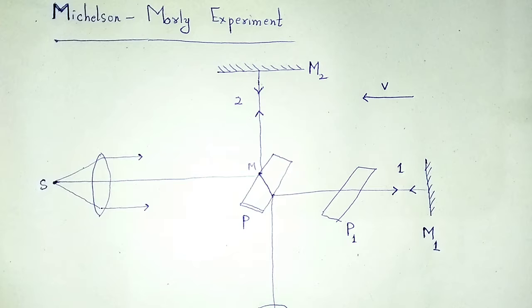In the 19th century, it was established that light had wave character, as demonstrated by phenomena like interference, diffraction and polarization. It was well known that mechanical waves required a medium for their propagation, just like sound waves require air as a medium of propagation.